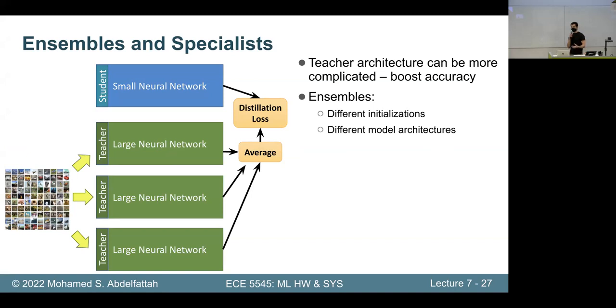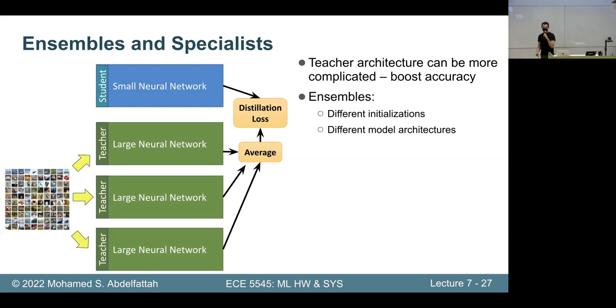But then it becomes very hard to deploy them, obviously, because instead of having just one neural network, you have 3 or 10 in some cases. So how can you deploy that on a mobile device or even on a desktop GPU? It's very hard. But to get the benefit of this extra accuracy, we can average their output and input it into the distillation loss. So this is one way to do a fancy thing with the teacher network.